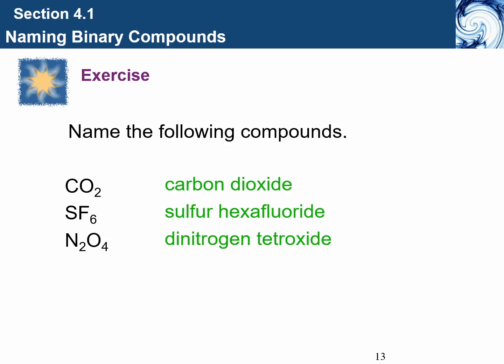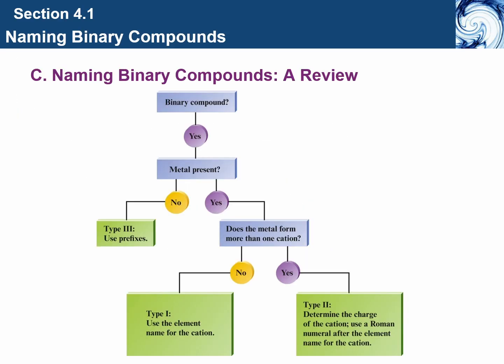Great job. All right. Here's a great flowchart that you should try to make sure you understand before we do any kind of assessment on this material. We're going to begin by confirming, of course, that the compound is binary. If no, I don't know what you do. It's not a binary compound. There's no option. So we're going to say, yes, it is a binary compound. Then we look to see if there's a metal.